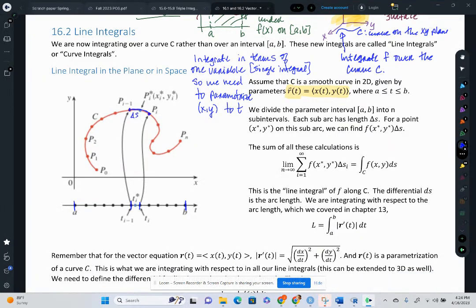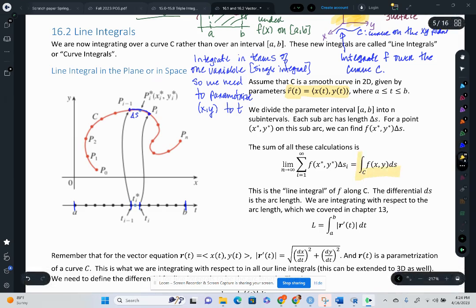So for any point, and we'll call those x star, y star, any point on that little subarc, we can find the function value, the surface value at that point and multiply it by the subarc length. And then we would add all those up, and then we would take the limit as those little subarcs get smaller and smaller.